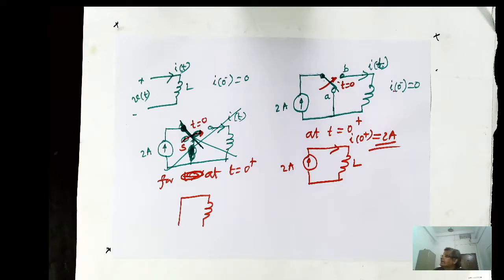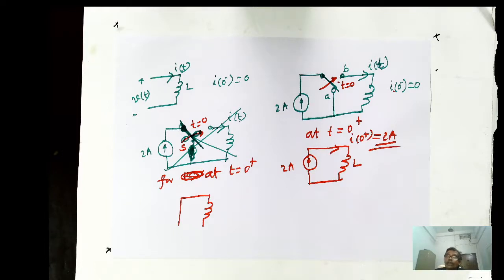And then I will say, look here, if you suddenly connect a current source across an inductor, I0 plus will not be equal to I0 minus. I can make a circuit like that, and I will claim, look here, I have been able to change the current through the inductor in a way that I0 plus is not I0 minus.